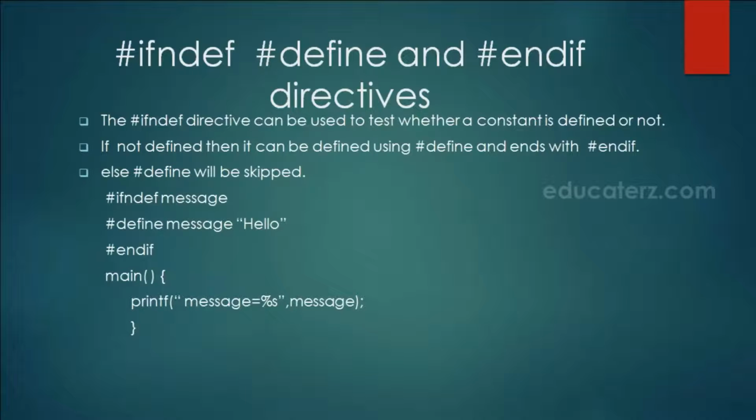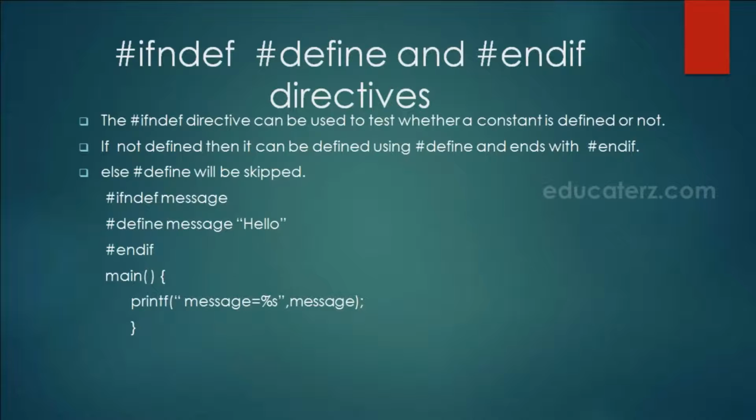For example, we can have #ifndef MESSAGE. If it is not defined, then we define #define MESSAGE "hello", and then end it with #endif. Now in our application, we can use the MESSAGE macro, and at that place the value given for message will be replaced. So this program will give output as hello. So this way we have seen preprocessors.